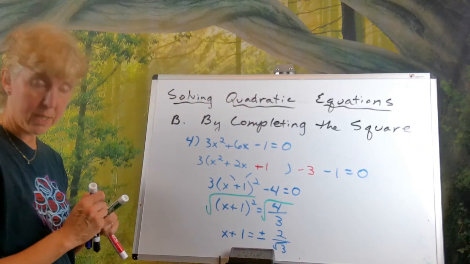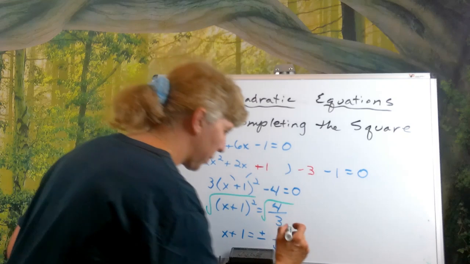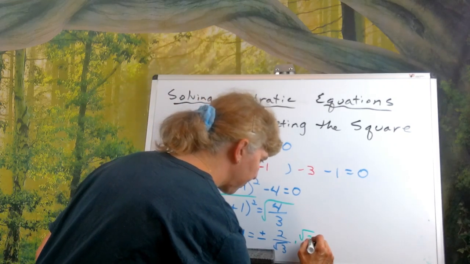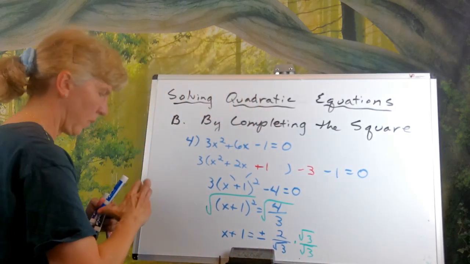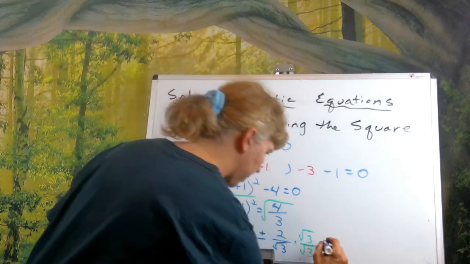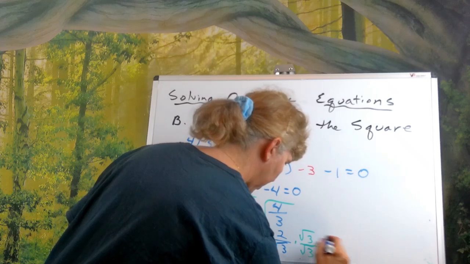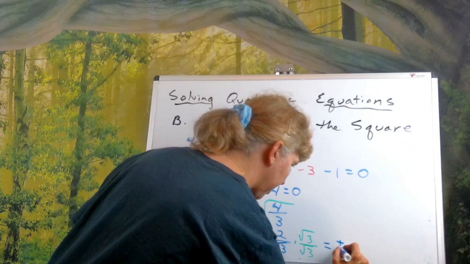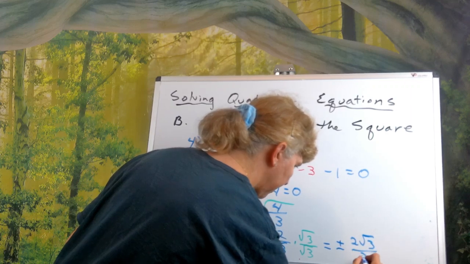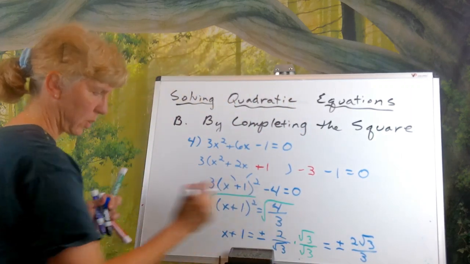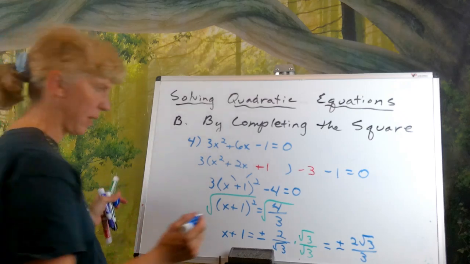I'm going to rationalize my denominator, so I'm going to multiply by 1. And that gives me, on this side, plus or minus 2 root 3 over 3. I'm going to subtract 1 from both sides in order to get my x.